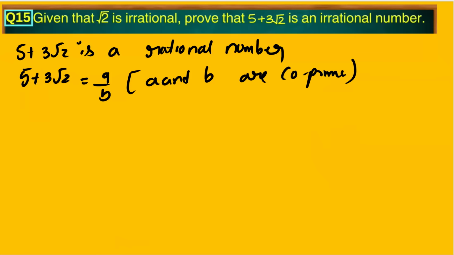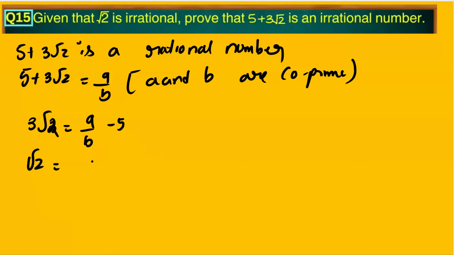That is basically the meaning of co-prime. And then 3 root 2 is equivalent to a by b minus 5, and root 2 is equivalent to, I'll bring this 3 down to the denominator.